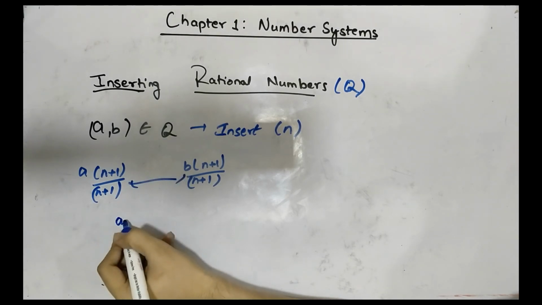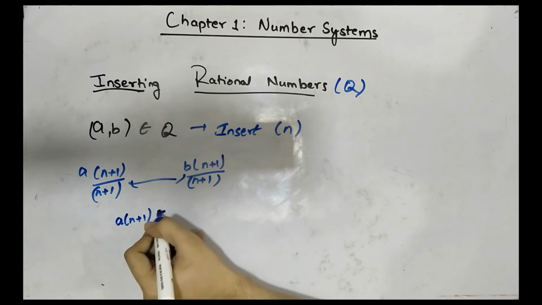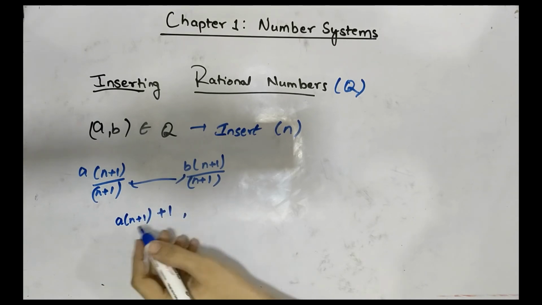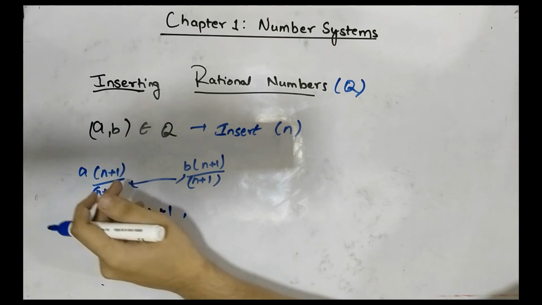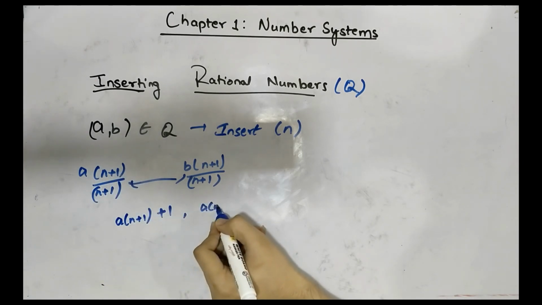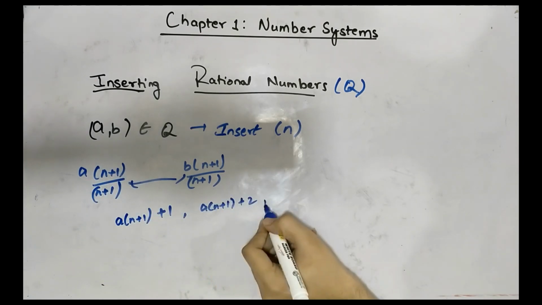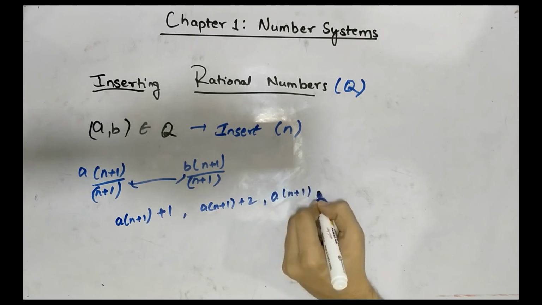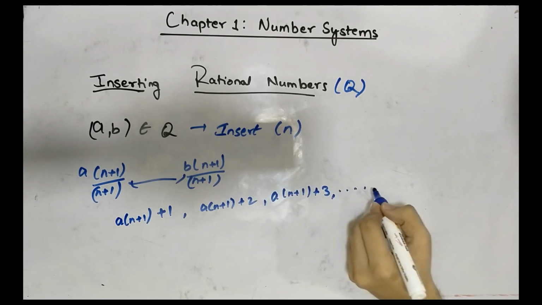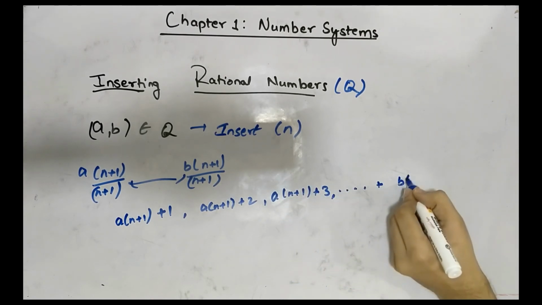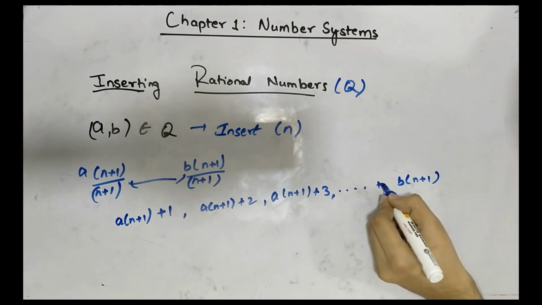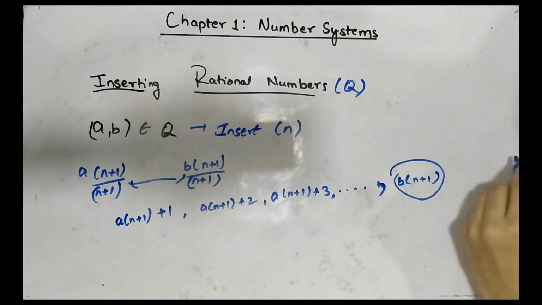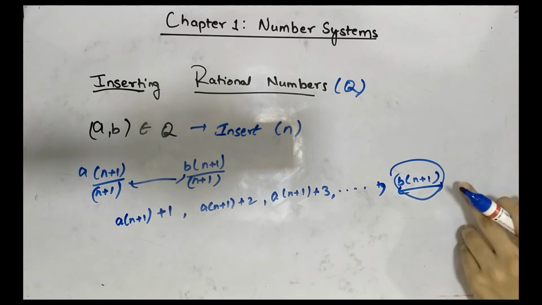You have to start with A into n plus 1 plus 1, then again A into n plus 1 plus 2, A into n plus 1 plus 3, till you reach B into n plus 1. Okay. Once you reach B into n plus 1, that means you've reached your values.